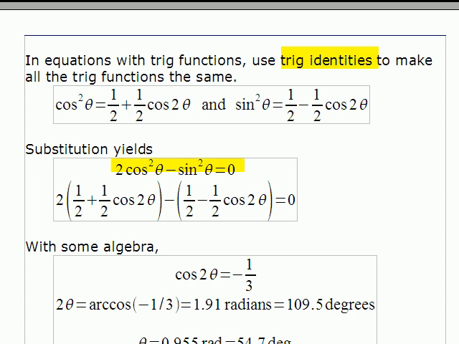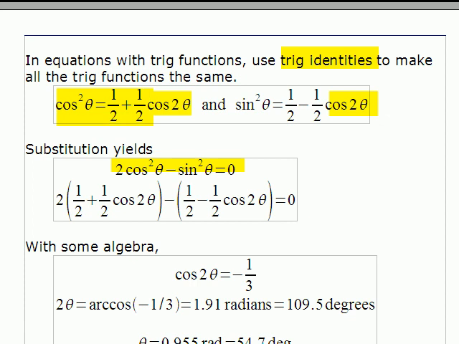You can go look in the front part of your trig book and you'll see a whole list of these identities. And notice that cosine squared theta can be written in terms of cosine 2 theta, and sine squared theta can be written in terms of cosine 2 theta. When I use these, I'll only have cosine of 2 theta in the whole equation. Only one trig function, cosine. The 2 theta you can deal with later.